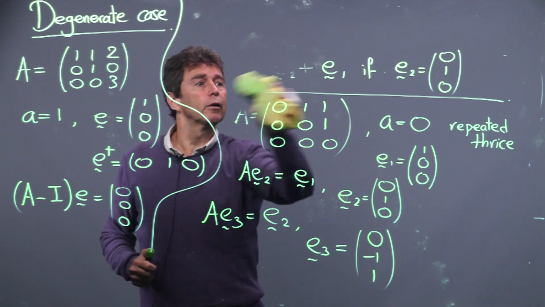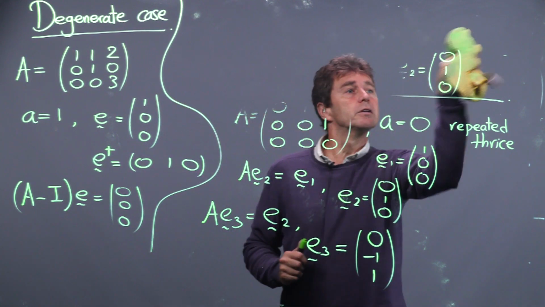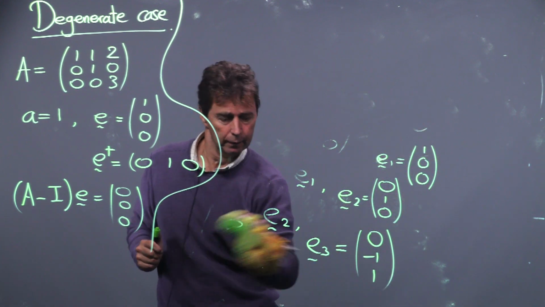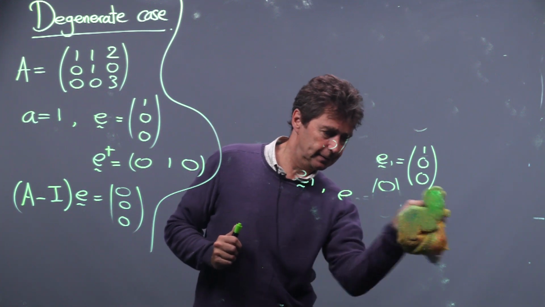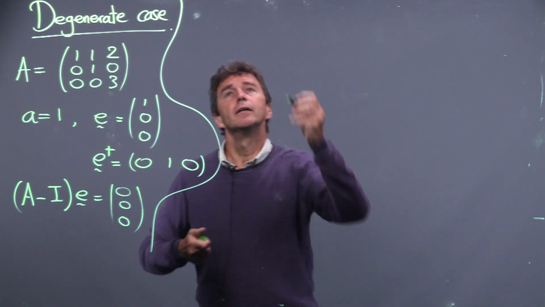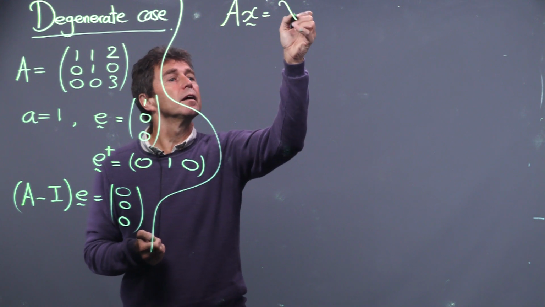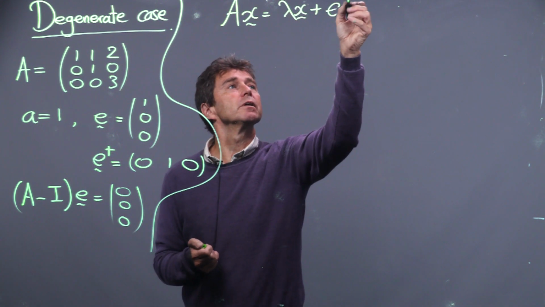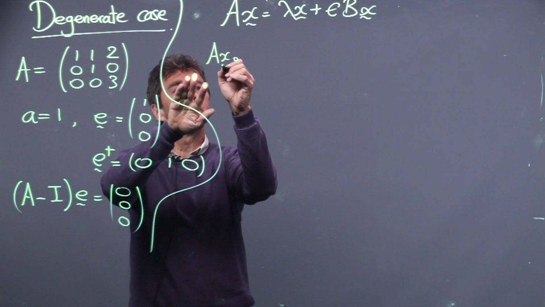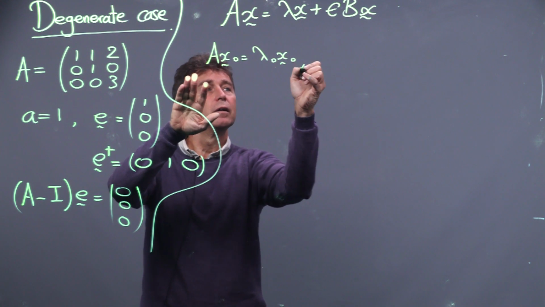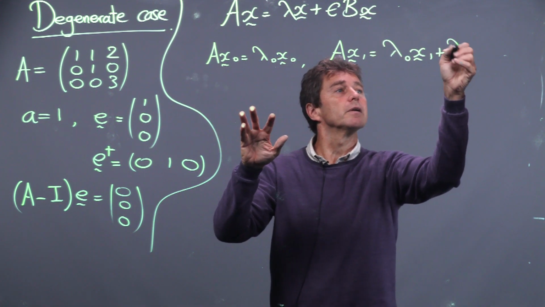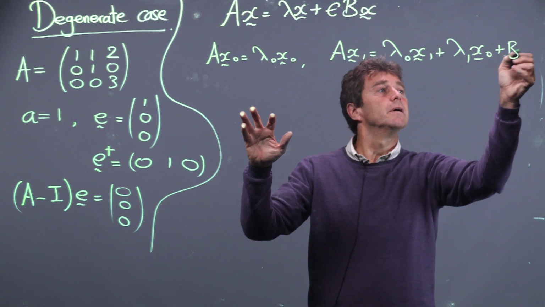Great. How can we then use them to solve the perturbed eigenvalue problem? Let's have a quick look at what would have gone wrong had we gone through the usual business. I've got Ax equals lambda x plus epsilon Bx. That's the equation we're dealing with. Now we've got A x0 is lambda 0 x0, and A x1 is lambda 0 x1 plus lambda 1 x0 plus B x0.